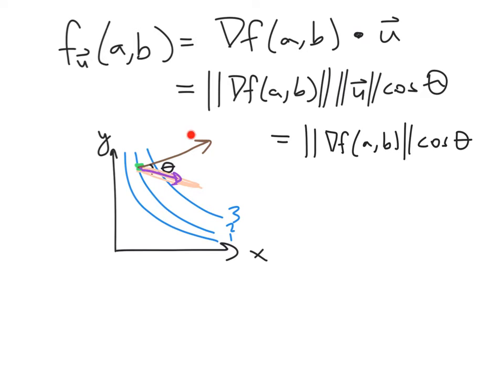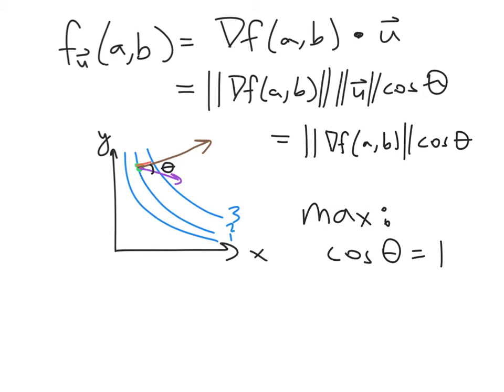This is generally true of the dot product. If we take the dot product of any vector with a unit vector, then we find the length of the vector times the cosine of the angle, which is giving us the component of the vector in the direction of the unit vector. Thinking specifically about the directional derivative, if we want to maximize it, we would maximize it by maximizing cosine theta.